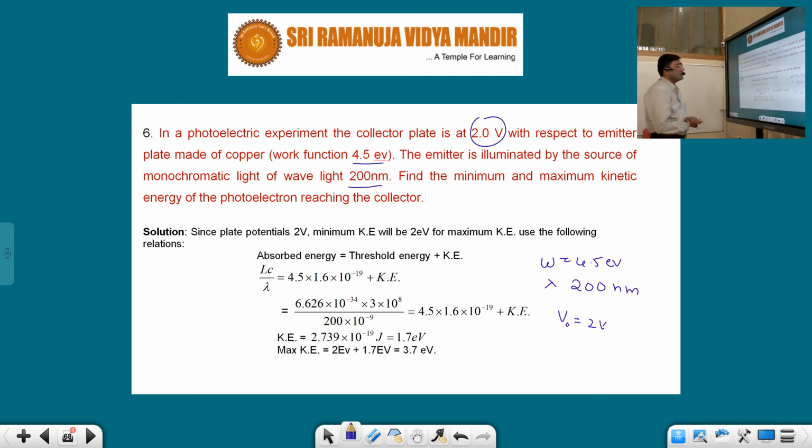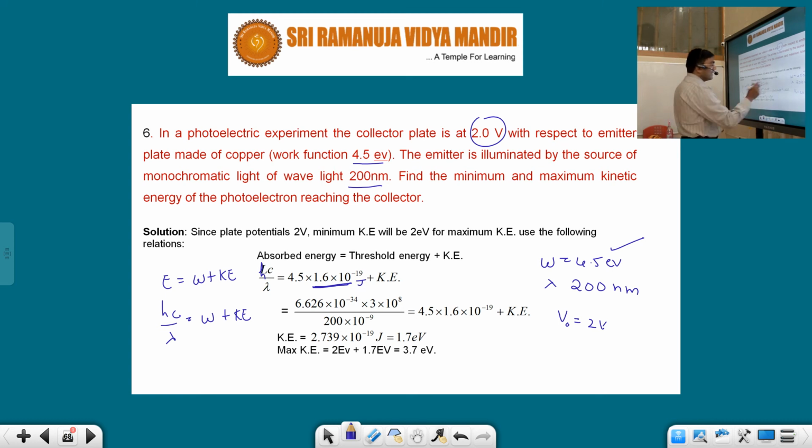Now the problem is solved. So what is the absorbed energy? E is equal to W plus Ke. I can write hc by λ is equal to W plus Ke. So 4.5 electron volts, you convert into joules with 1.6 into 10 power minus 19, plus kinetic energy.